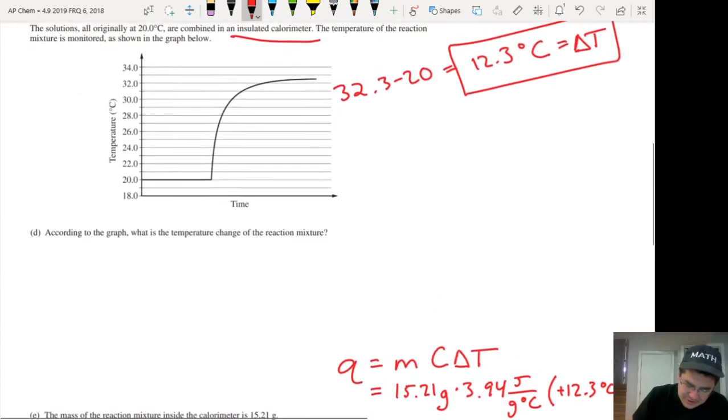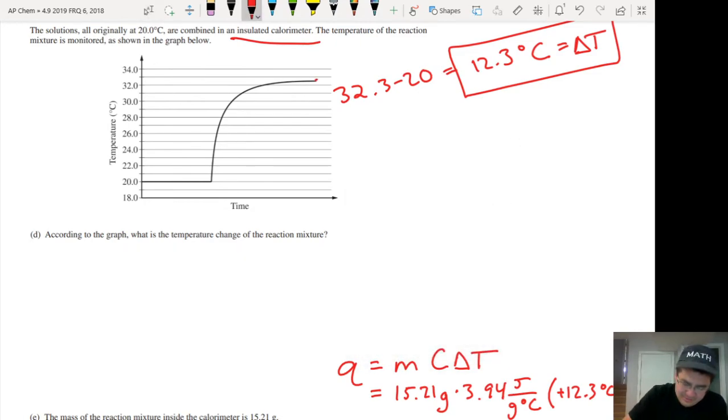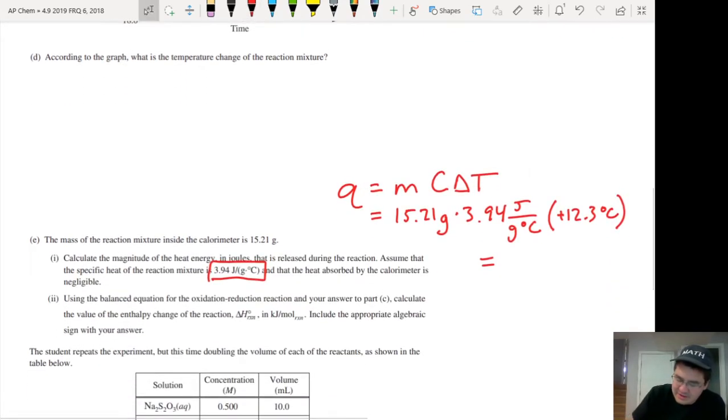Well, let me look at my picture. They said that line ends right in the middle. Oh, okay. I see. But that's okay. So they got 749, which we would be close. You wouldn't be marked down for that. 749 joules of energy. Okay, and that was the heat absorbed by the calorimeter? No, it says assume that the heat absorbed by the calorimeter is negligible.